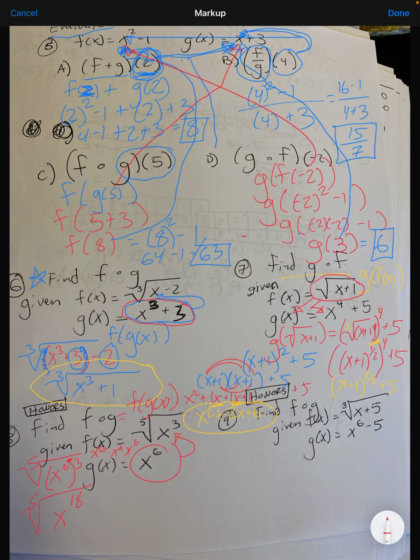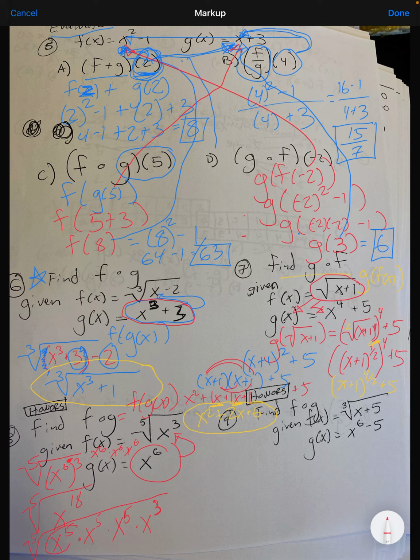Okay, now, to handle this, there's a couple different ways you can think of it. How many groups of 5 do we have? If there's 18, that means we have x to the 5th times x to the 5th times x to the 5th. That would add to 15. And then there's 3 left over. Okay, so that is my x to the 5th.